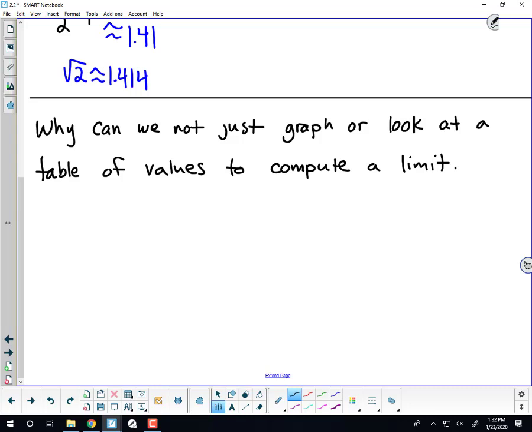And we're going to consider the function f of x equal to cosine of 1 over x. If many of you are coming from pre-calc, for calculus and onward, your calculator should be in radian mode.